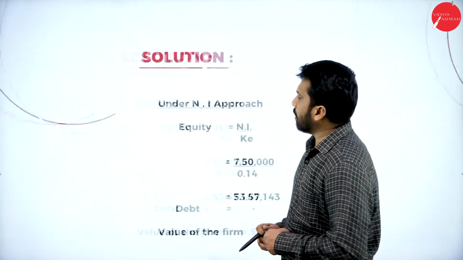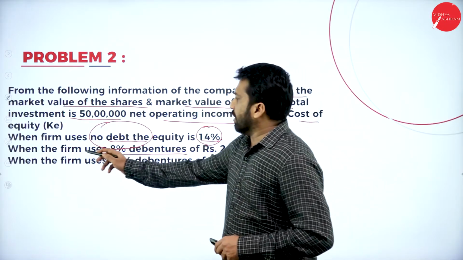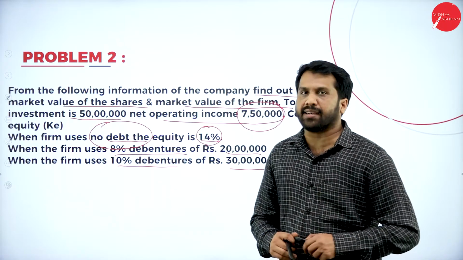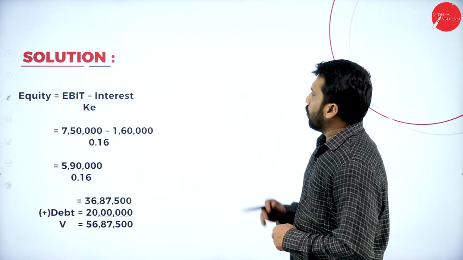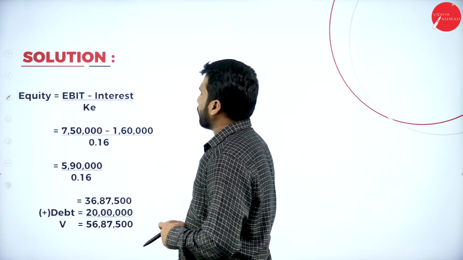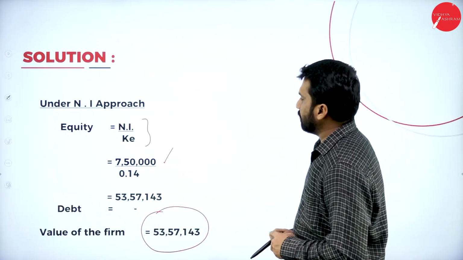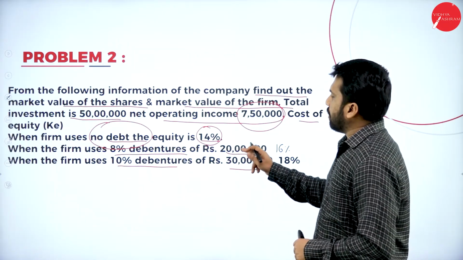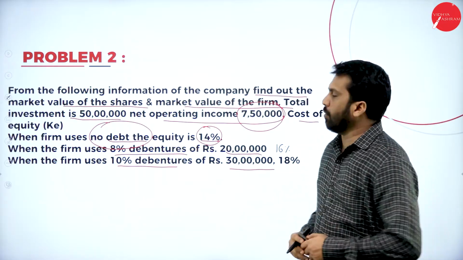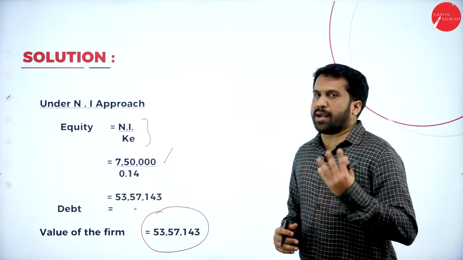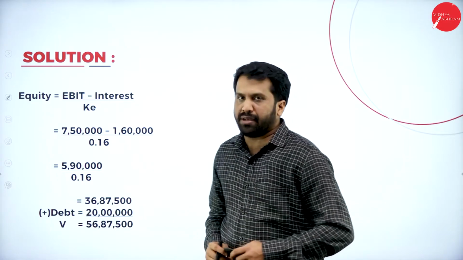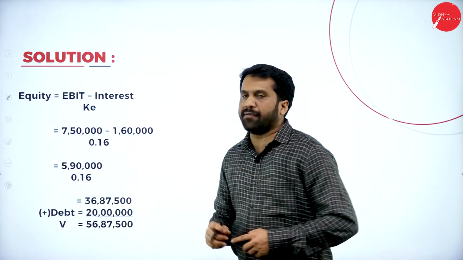Now the second part, where you're using debenture. When the firm uses 8% debenture of rupees 20 lakh at 16% equity, we will use EBIT minus interest divided by cost of equity. 7,50,000 will be your EBIT. Do you have interest?